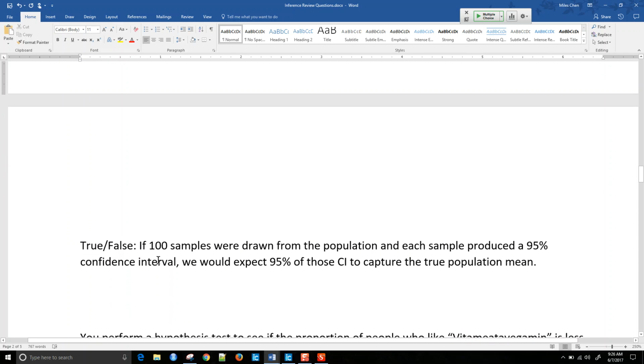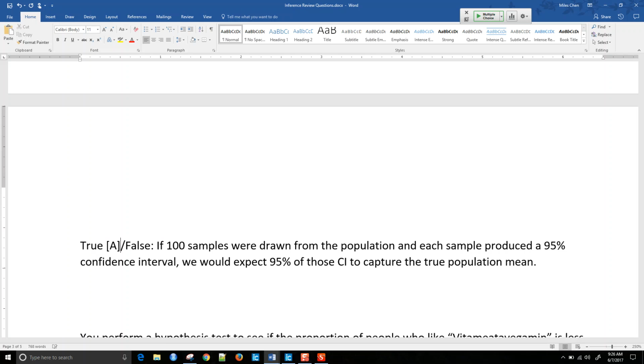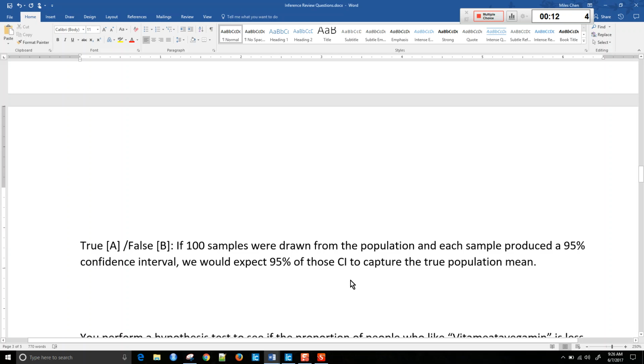Okay, we'll try this one. True or false?